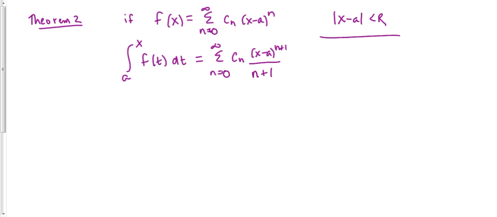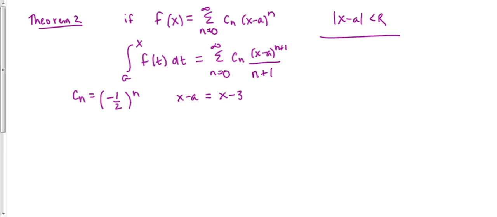And so we can do that. In our situation here, Cn is equal to (-1/2)^n, and our x minus a is x minus 3.